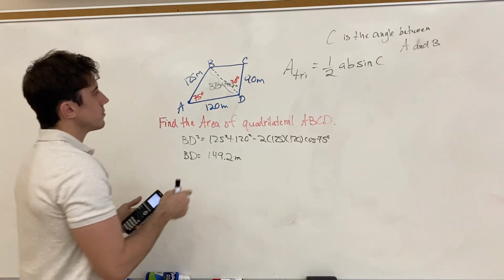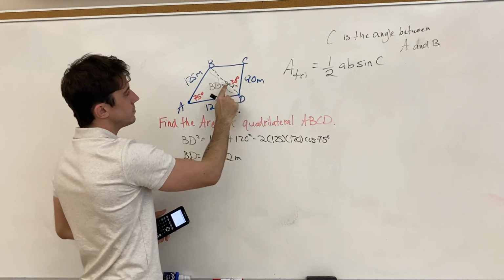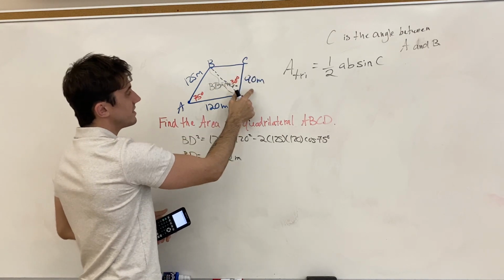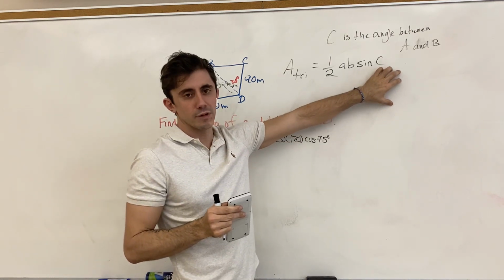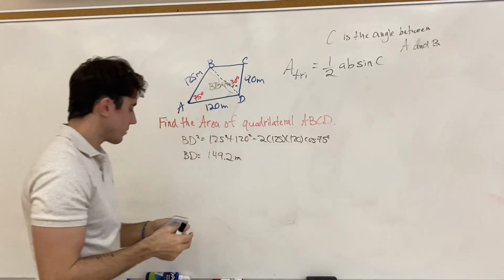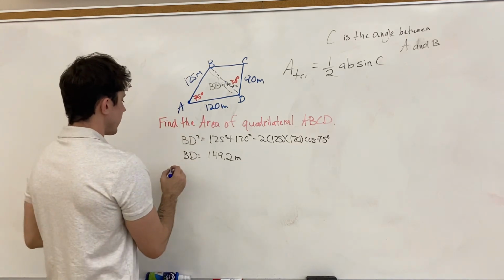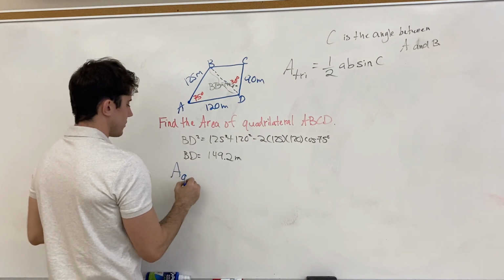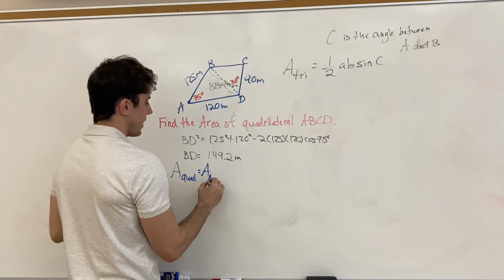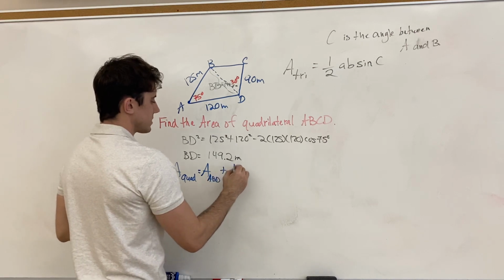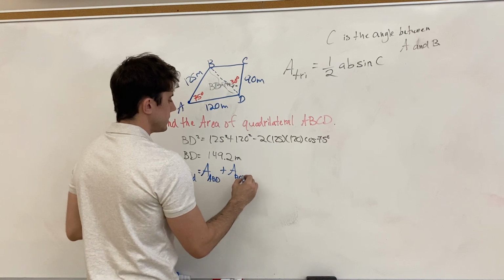So now in BCD, we have two side lengths: BD, 149.2, and CD, 90, and we have the angle in between, which is precisely how our area of the triangle formula is written out. So right away, we know that we can find our triangle area. Our area of the quadrilateral is going to be the area of triangle ABD plus the area of triangle BCD.